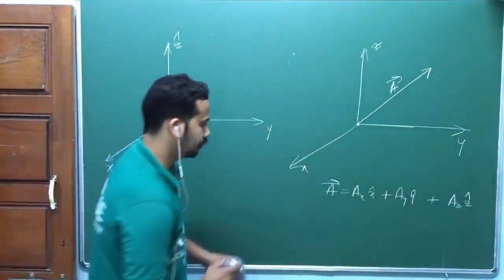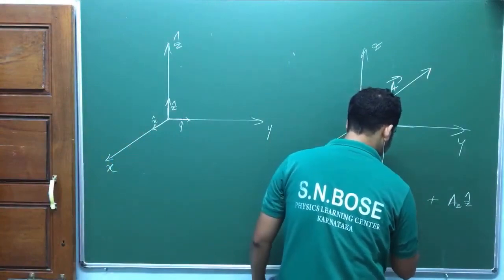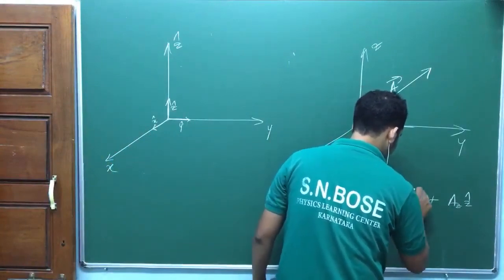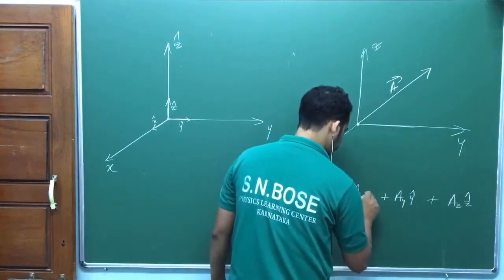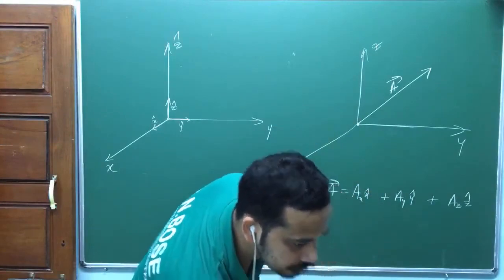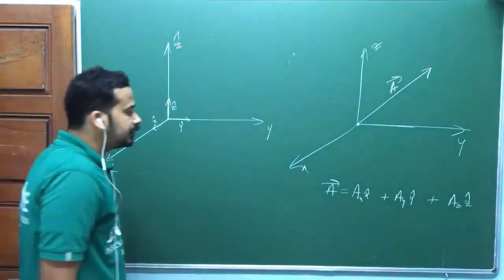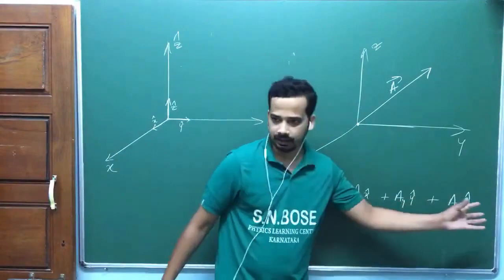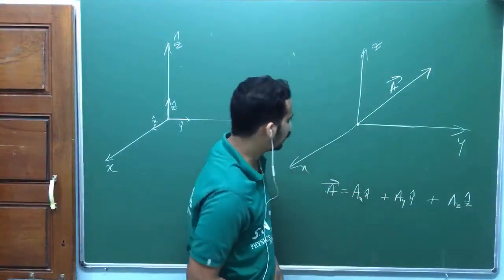I think you have to write it separately so that you can imagine it: ax into x cap, ay into y cap, plus az into z cap. So what is that? Look here. This is a kind of decomposition of a vector. You have to see this as decomposition into 3 vectors.